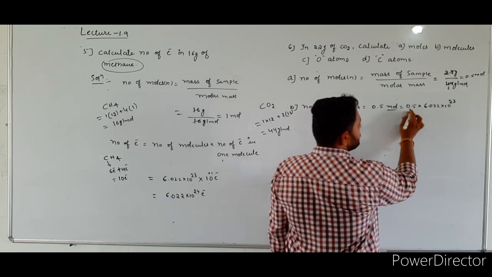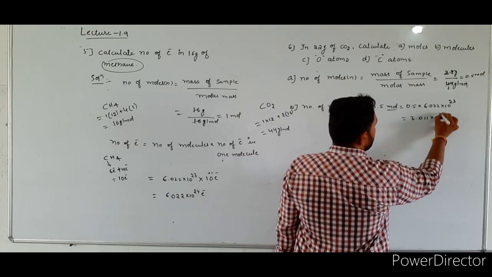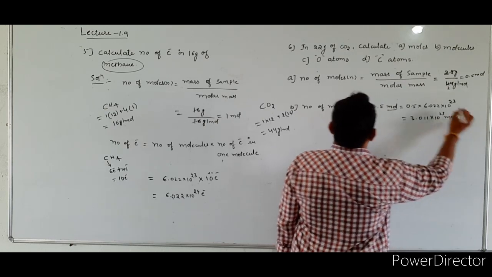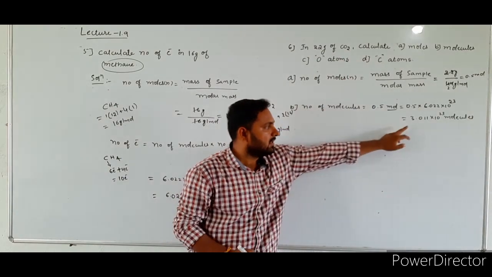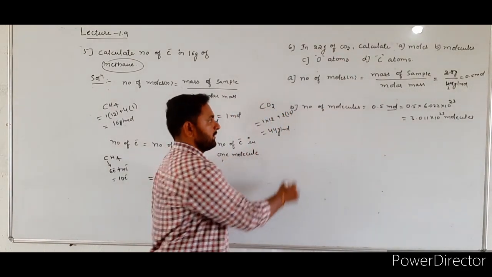Now you multiply these two, you will get 3.011 into 10 power 23 molecules. How many molecules are present in 22 gram of carbon dioxide? There are 3.011 into 10 power 23 molecules present.